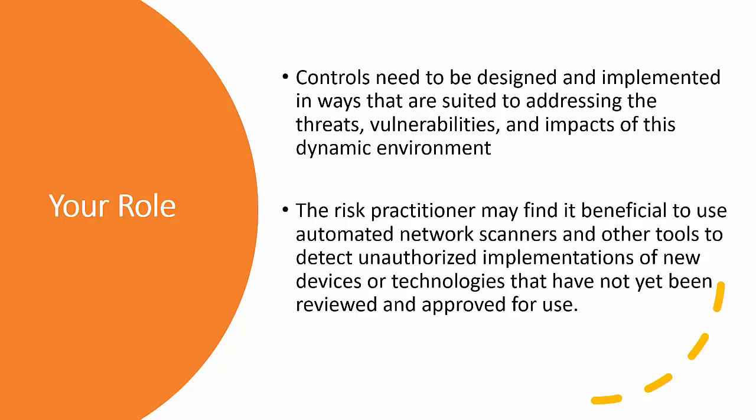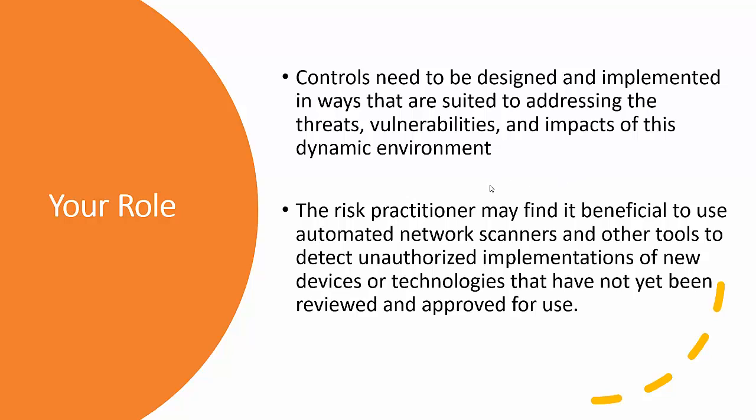So proactively we are able to respond to those activities. And if some unauthorized changes are implemented, we need to go through exception management and get an approval for that and implement it in the system. So that is the role of a risk practitioner.